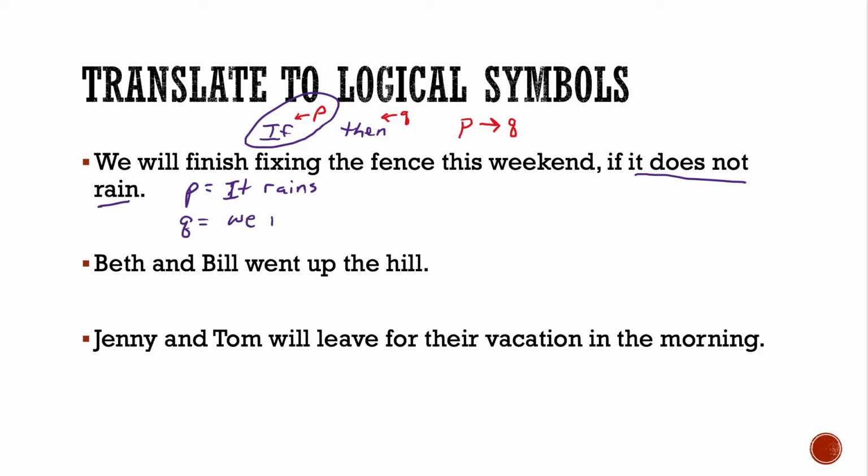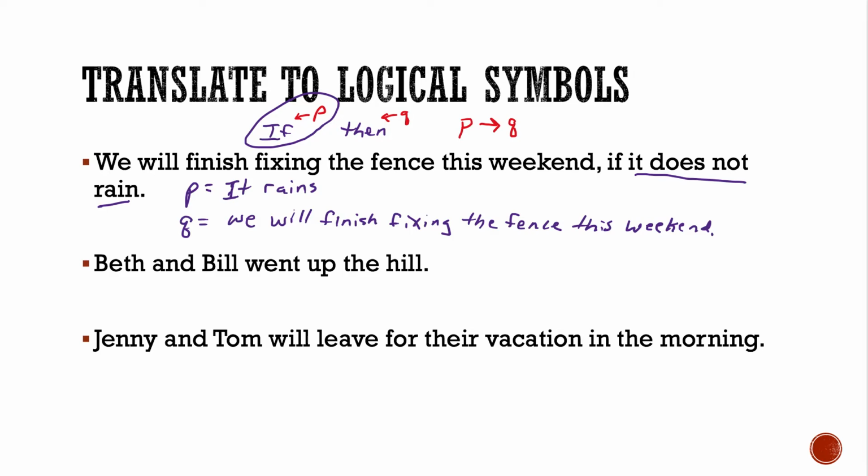So I'm going to write this down as my Q. We will finish fixing the fence this weekend. Okay, so we've now identified the P and the Q. And we know that the connective in between is going to be the arrow.